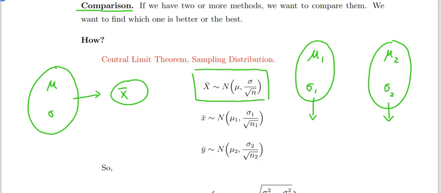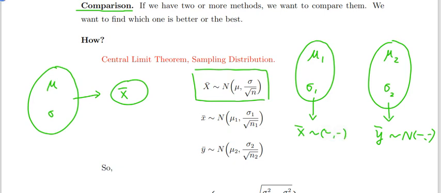So from here, we take samples. We say x bar will follow a normal distribution, right? This sample mean follows this normal, and for this other sample mean we use y. Y bar will follow a normal, and x bar follows this normal.